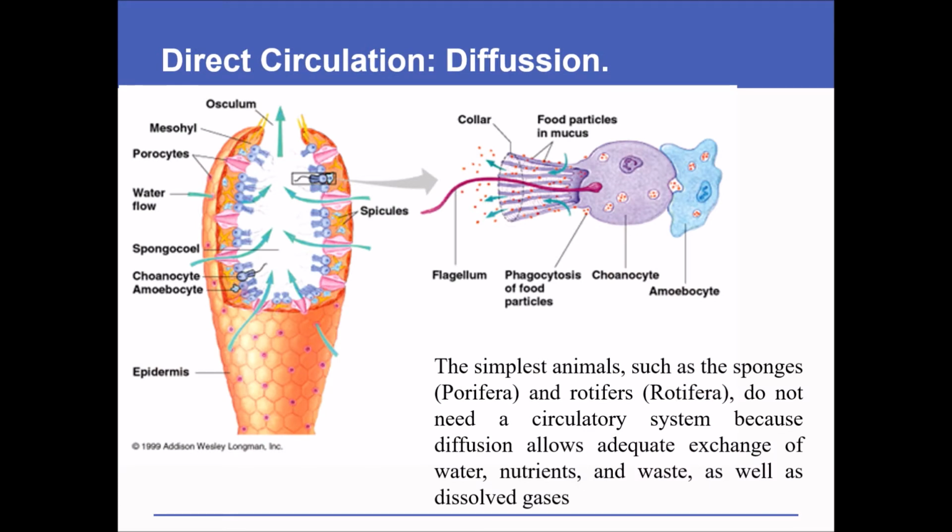So in the case of the sponge or porifera, they have a type of circulation called diffusion. As you remember, these organisms are one of the first organisms that appeared after the protozoans. In the first moment, a protozoan was a single cell, and then we understand that during the line of evolution these organisms appear.